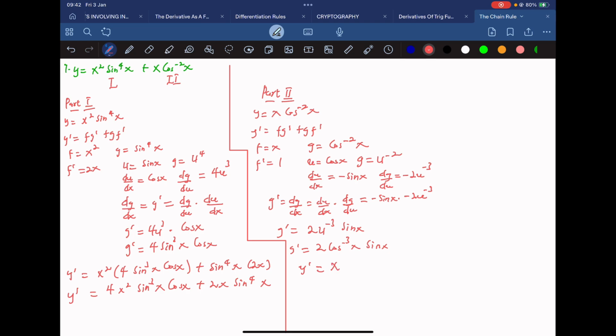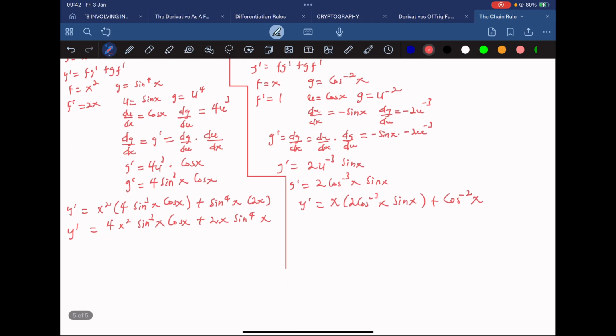Our g prime is 2 cos to the negative 3 of x sine x, then plus our g was cos to the power negative 2 of x, then our f prime was 1, so if you multiply it by that, you get the same thing. So now what we have to do is to combine both terms to find our derivative. So the derivative of the entire problem is this plus this.